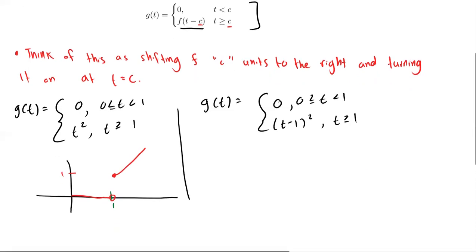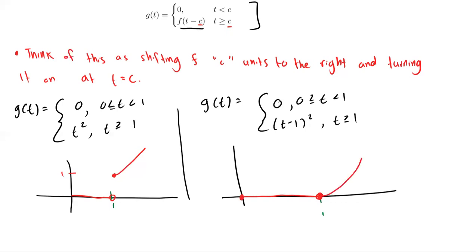Now, in the case that we're shifting, again, the function is 0 all the way till t equals 1. Now at t equals 1, it becomes t squared, but shifted to the right 1 unit. So we would be starting at 0 like we would if we were starting to graph t squared, and it will look like that.